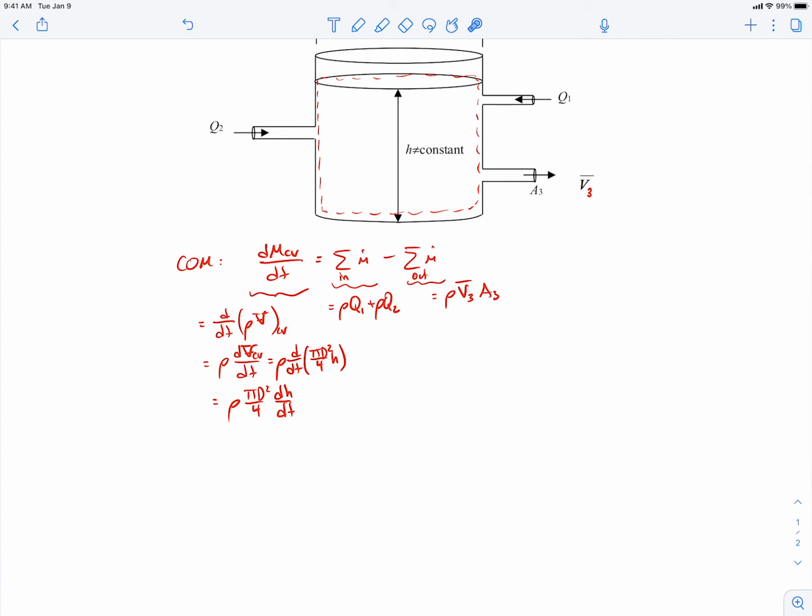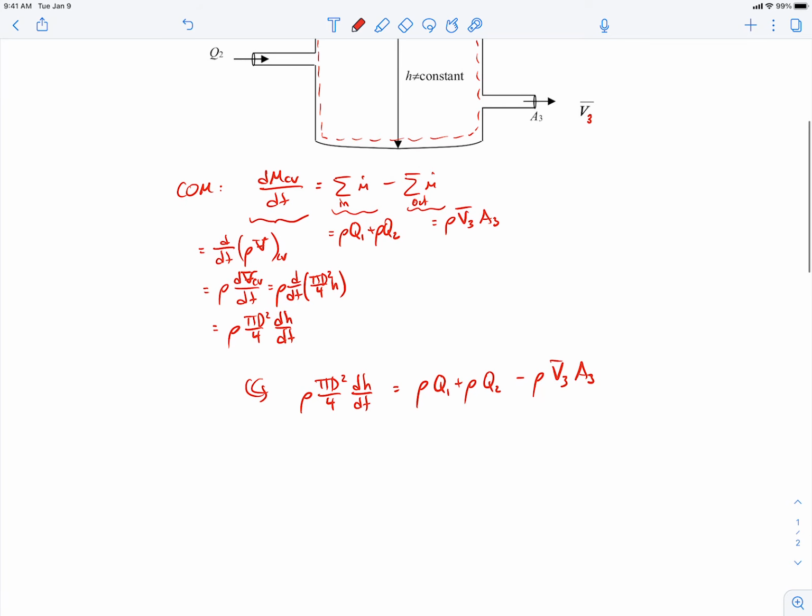So let me go ahead and rewrite the full expression for conservation of mass with all this information there in one equation. There's the time rate of change of mass inside the control volume. Here's the rate at which mass is coming in. And then here's the rate at which mass is going out. And you'll see that there are densities in all of these that we can cancel out.